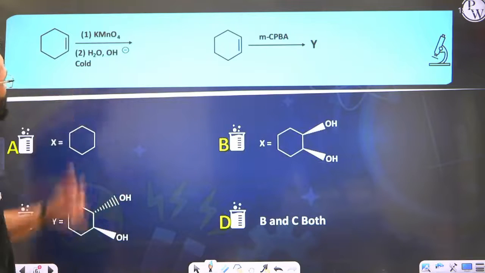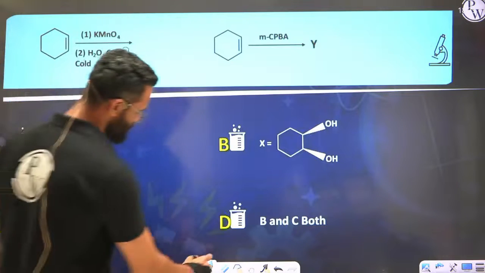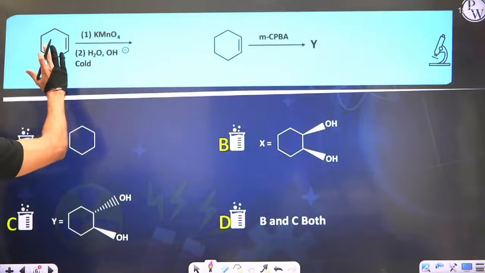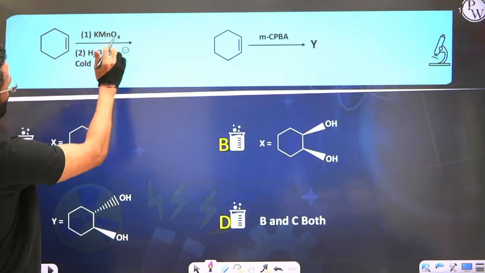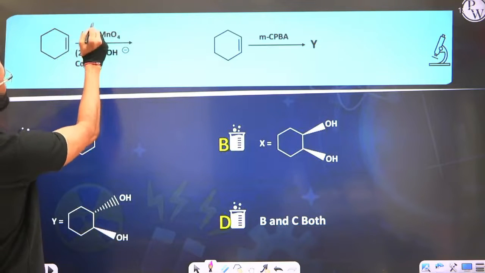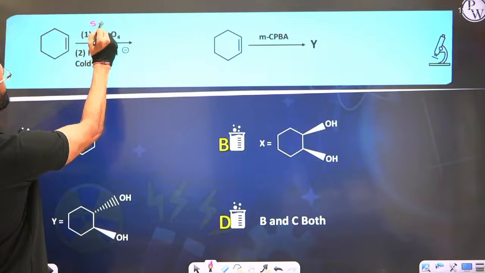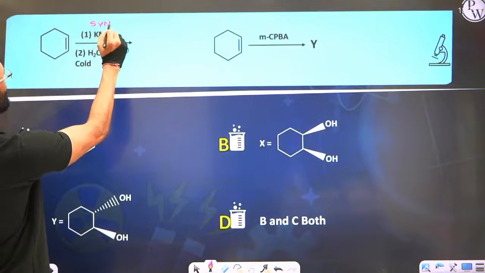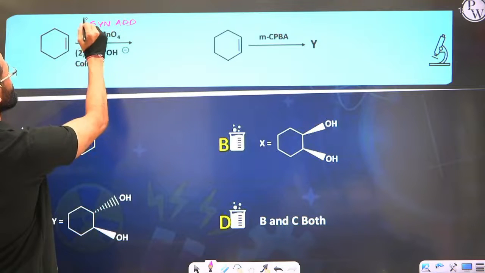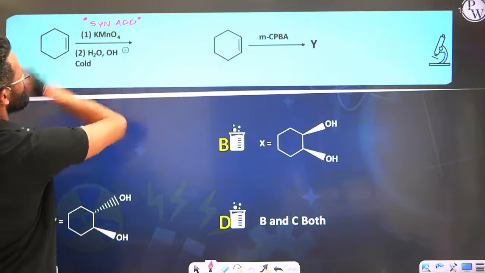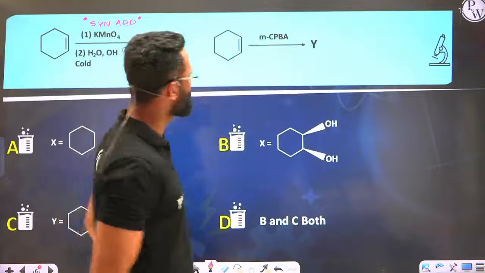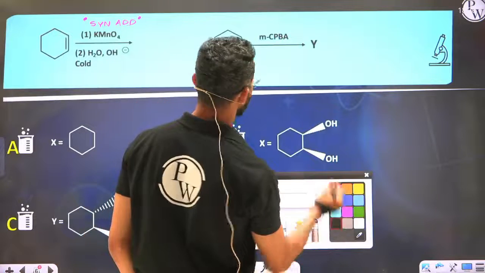Well, I want you guys to observe this. First reaction, cyclohexene is given, then KMnO4. You can certainly see here it is alkaline KMnO4 but cold and dilute, which means immediately what you should mention is that this is syn addition. Whereas mCPBA, metachloroperoxybenzoic acid, well, I'll just add a few things here.